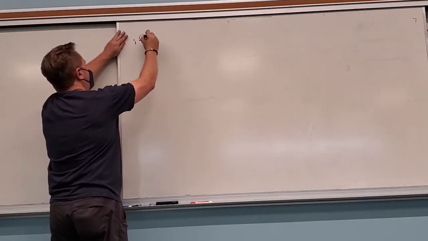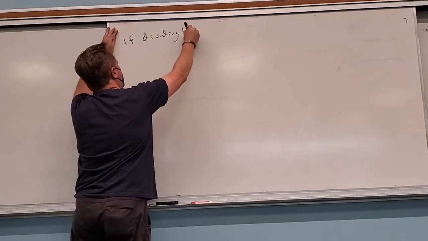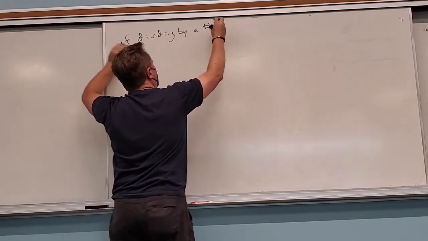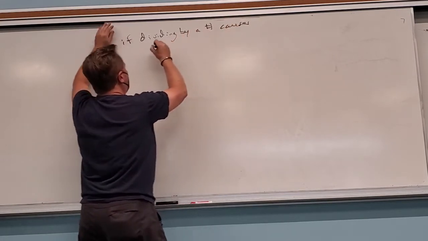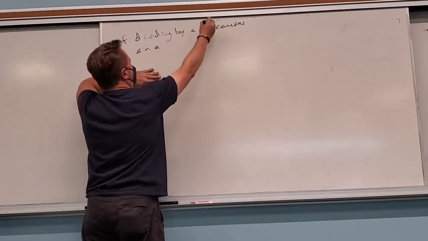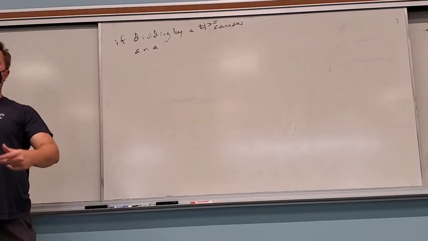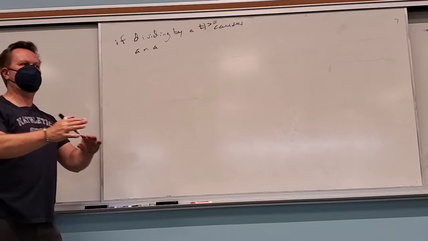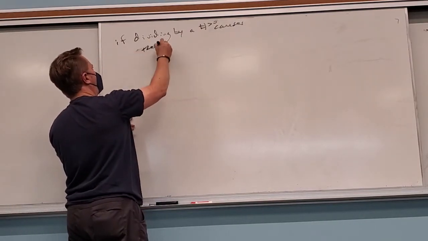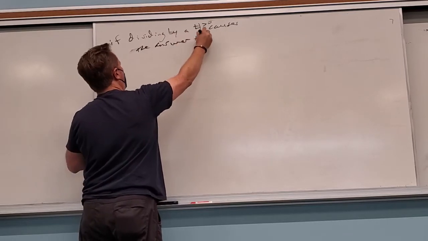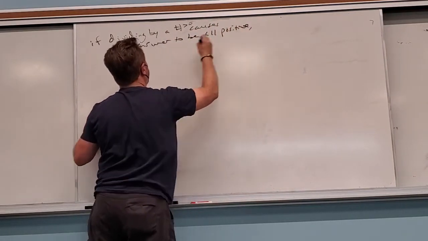So if dividing by a number greater than 0, so a positive number, causes the answer to be all positive, that's an upper bound.